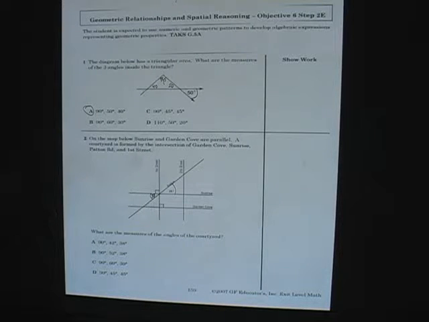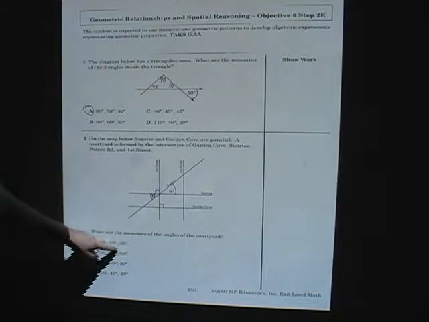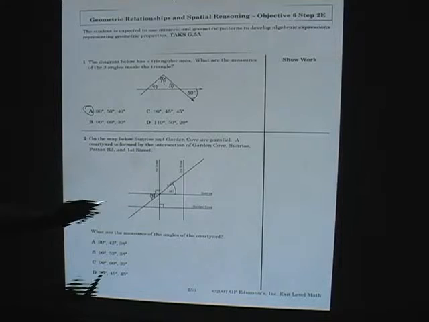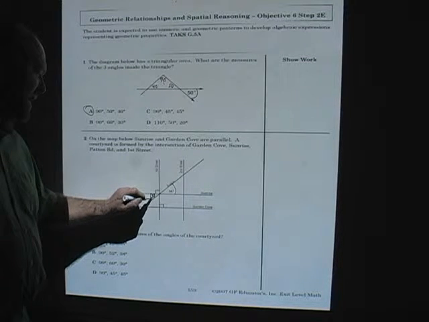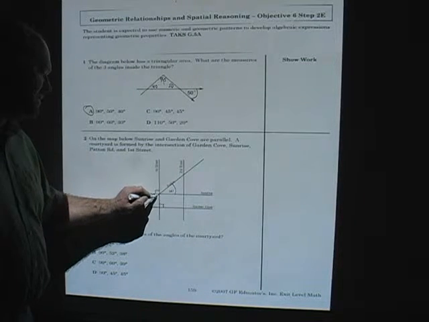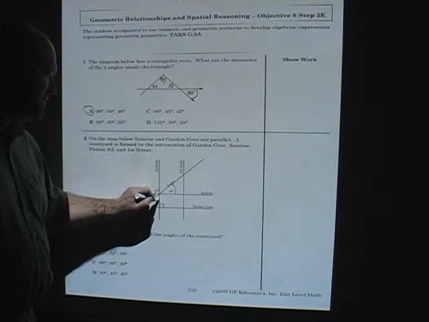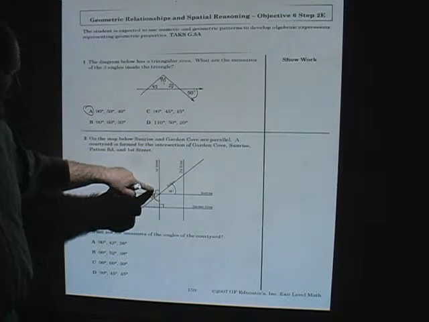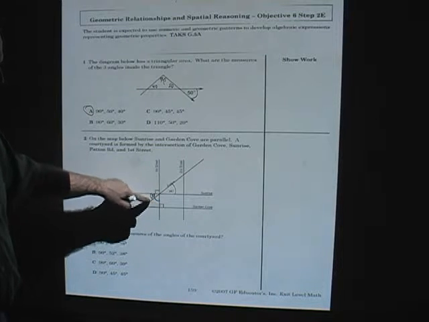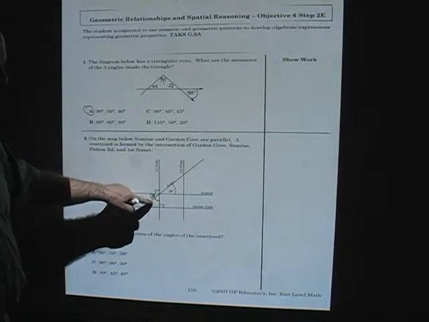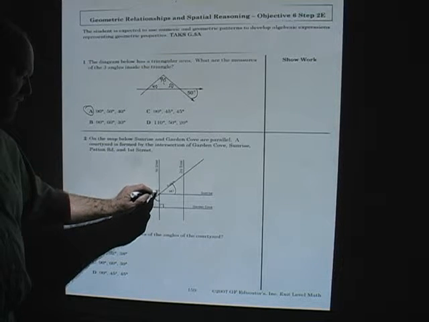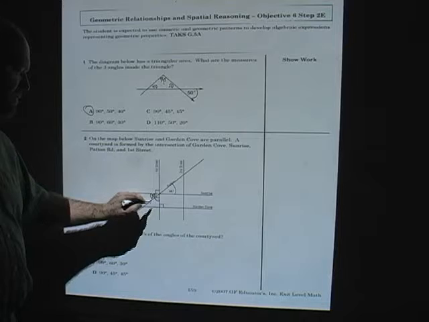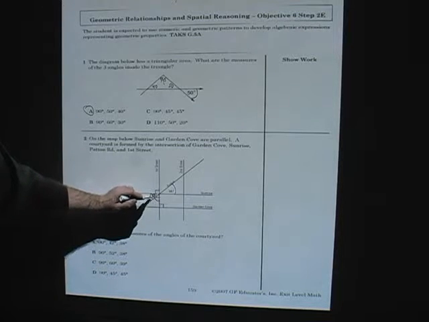They want to know the measures of the angles of the courtyard. Show me 3 angles. Well, this one's 38. Since that's 90, then these two have to add up to 90, because all together those have to equal 180. Since this is a right angle here, this has to be a right angle. So these two have to add up to 90.